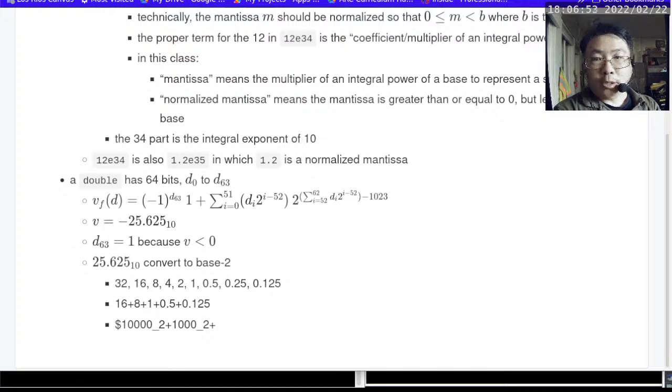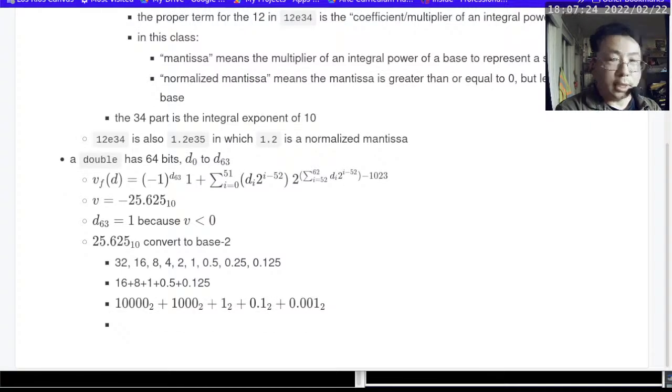The 1 is 1 followed by nothing in base 2, so it's going to be just 1 in base 2. 1 is 1 in whatever base you're in, so it doesn't really matter. The 0.5 is 0.1 in base 2. And then the 0.125 is 0.001 in base 2.